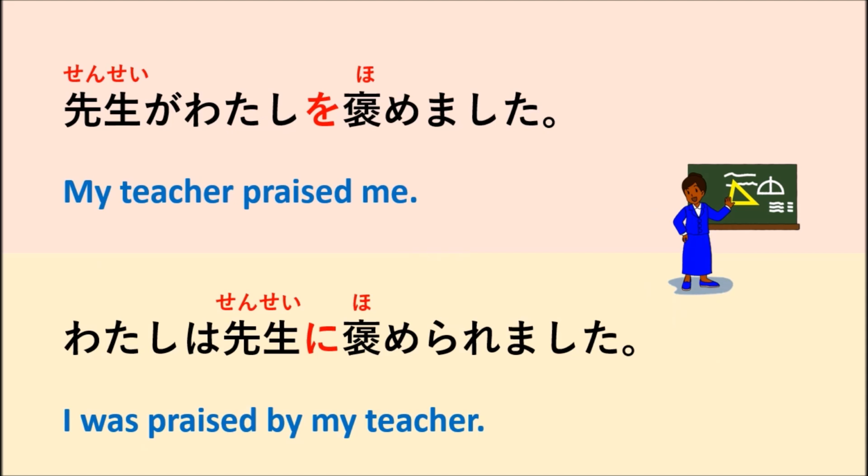For the first sentence, in English, it is like my teacher praises me, and the second sentence is I was praised by my teacher. This means the first sentence is the simple active form in Japanese: my teacher praises me, Sensei ga watashi o homemashita.